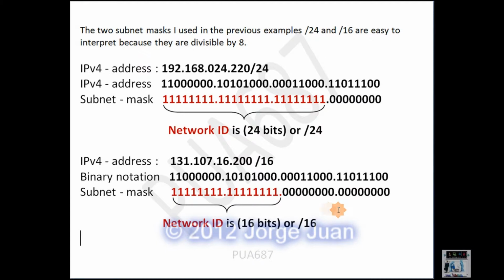But what if instead of being /16 it was a /17, and this number was made into a 1 to denote that it is also part of the network ID? As you can see by this last example I just mentioned, subnet masks are not always divisible by 8, and then they're not so easy to interpret, as we shall see.